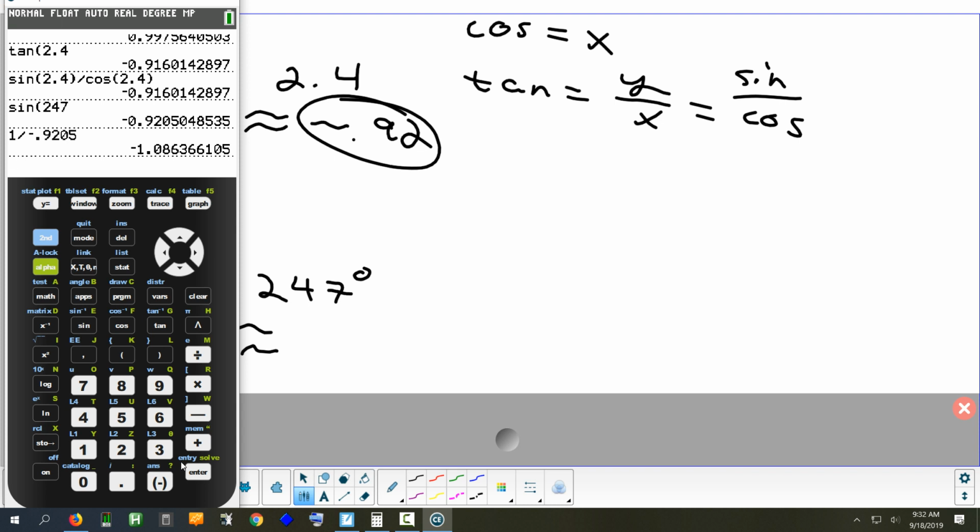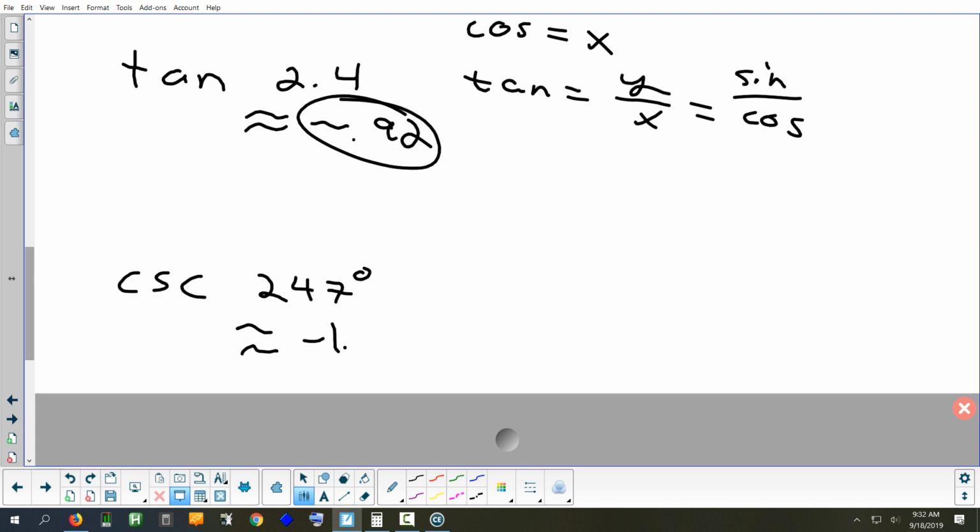Or if you want to type it in all at once, you can. 1 divided by sine 247. I think that's easier. That's a little different because I rounded, but it's about negative 1.09. So that's the only way to do the other three on the calculator. You have to find one of the other ones and flip it. Any questions on that?